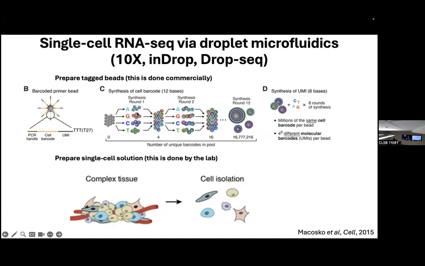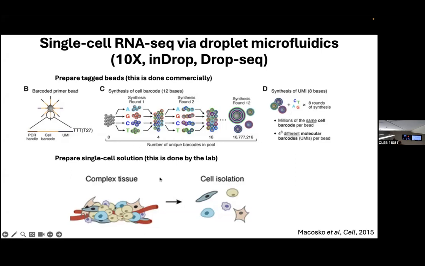And commercially, they generate these beads using barcode synthesis, basically, in rounds. After 12 rounds, you get kind of a growing shell around these beads that have nucleotides that have been synthesized going outward. And then there's all kinds of different combinations of unique molecular indexes, UMIs.